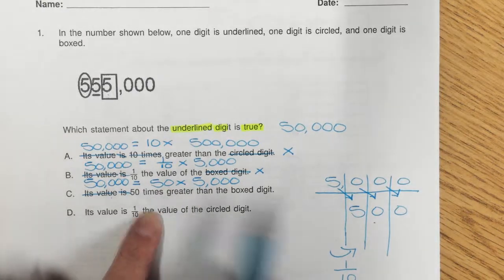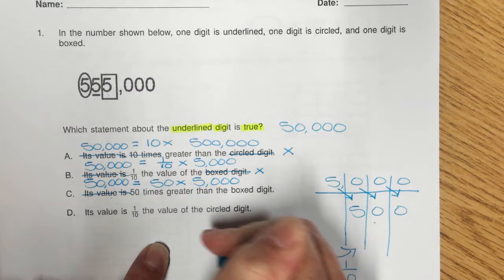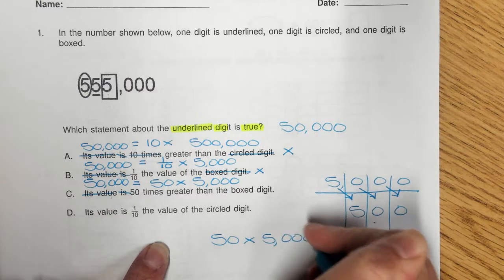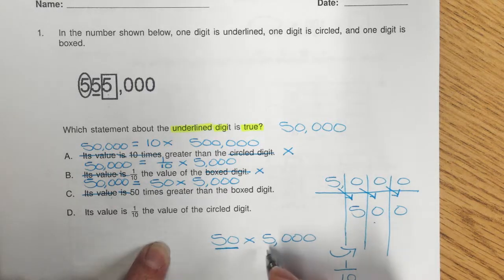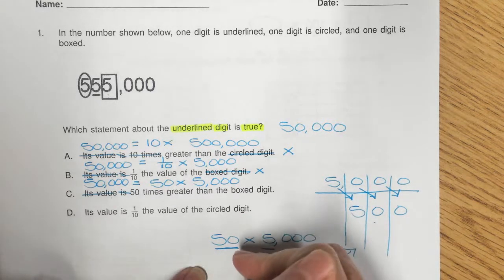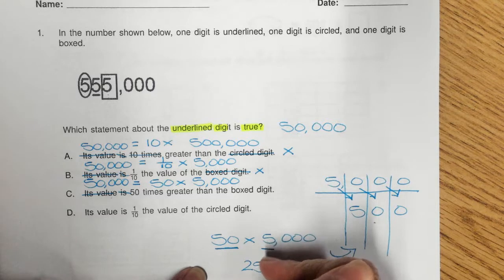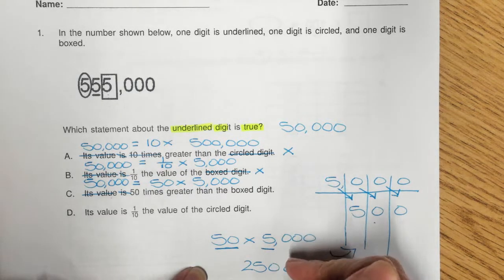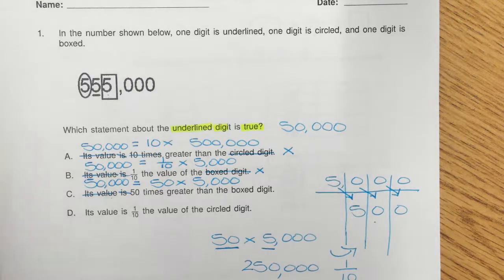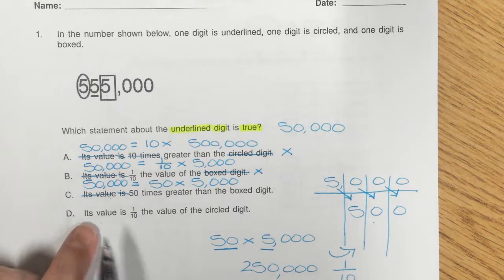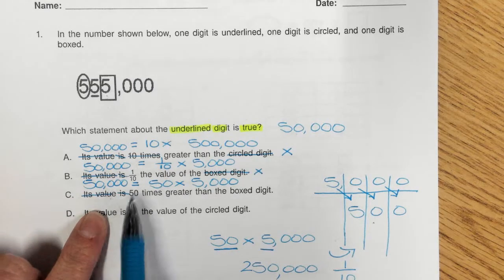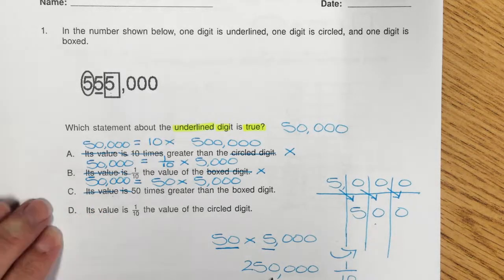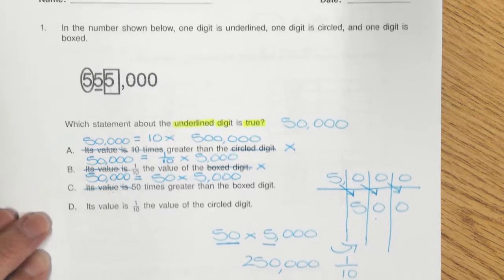When we did this in class, we talked about how we can take 50 and multiply it times that 5,000, underline our 50 and our 5. That's going to give me 250, and add my next 3 zeros. That's the power of 10's powers of 100. So 50,000 is the same as 250,000. That doesn't make sense either.